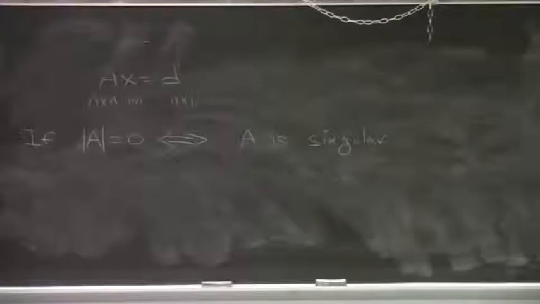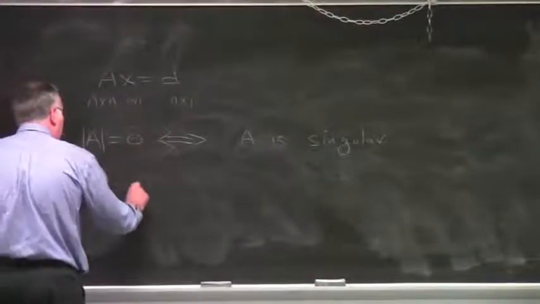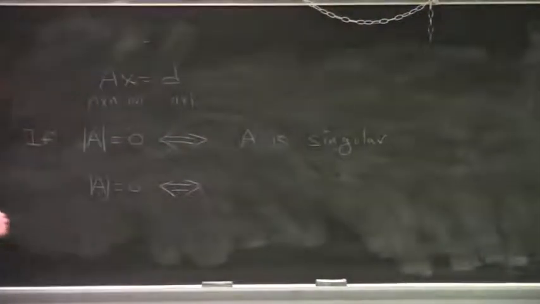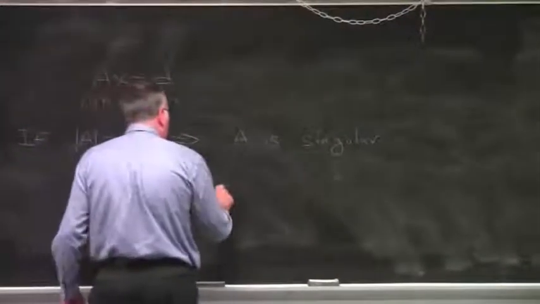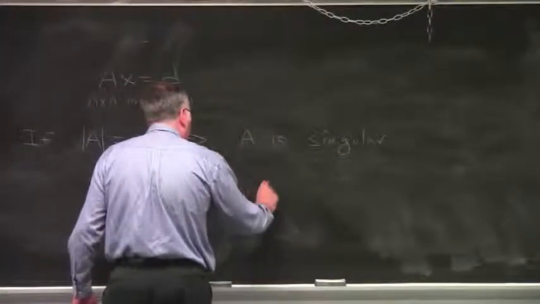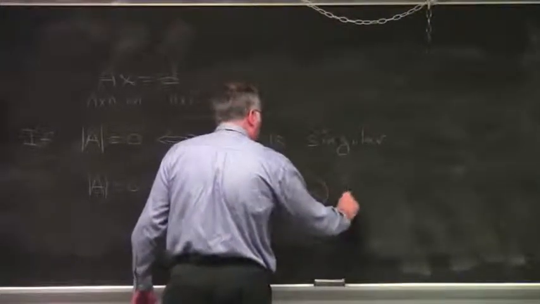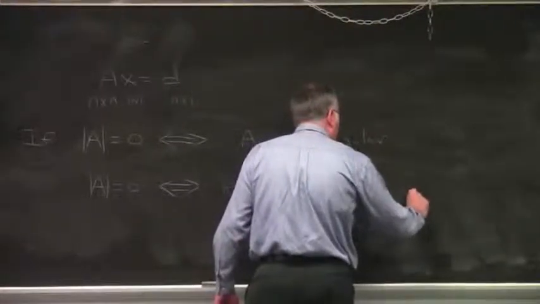Also, if the determinant of A is 0, Andra, we could say what about the rows and columns of matrix A? We could say the rows, then I'll put in parentheses columns. The rows, columns of A are what?